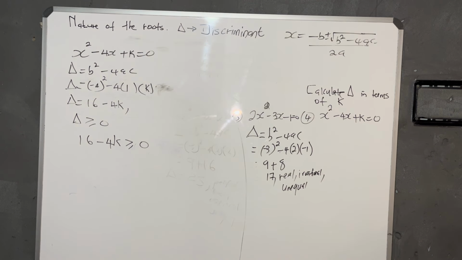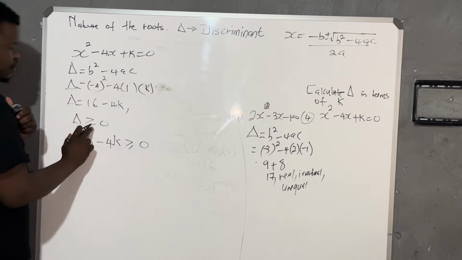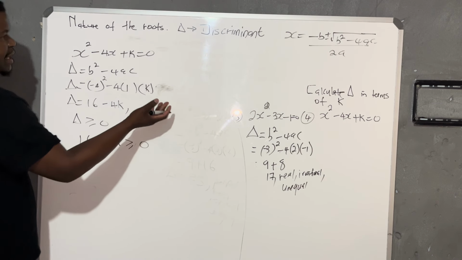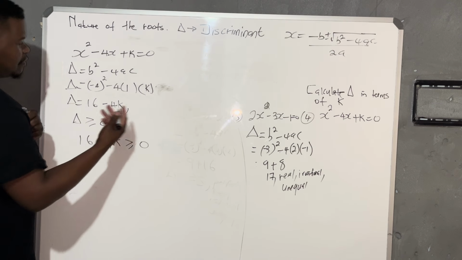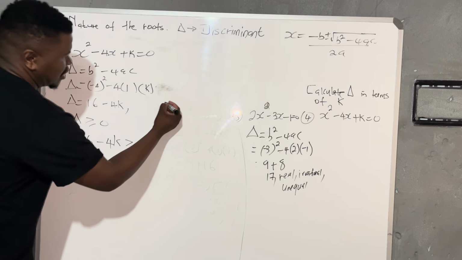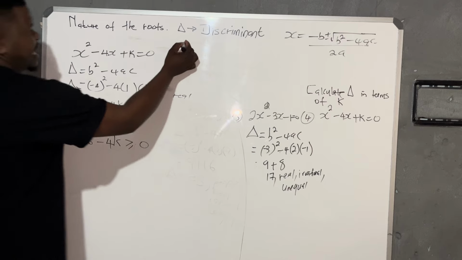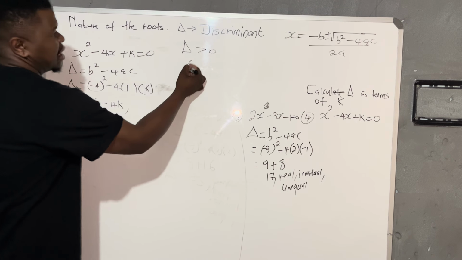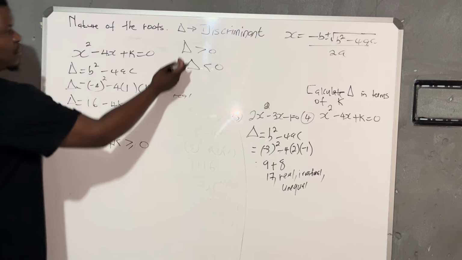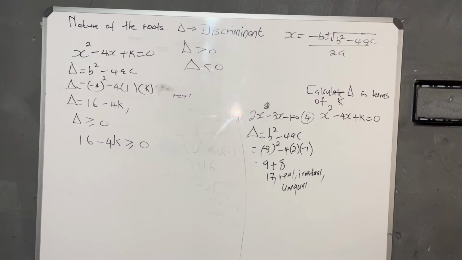Why did I choose this? The statement that is provided says determine the value of k if the quadratic equation will be real. So I indicated previously that positive is greater, negative is less. So we go with that one, where the roots should be real.